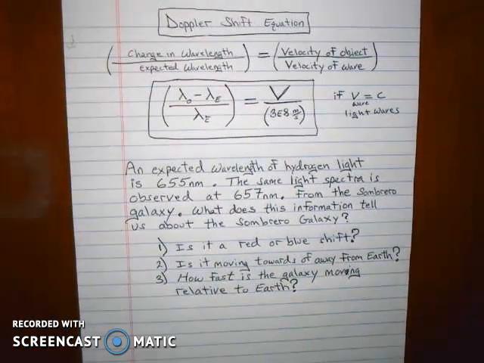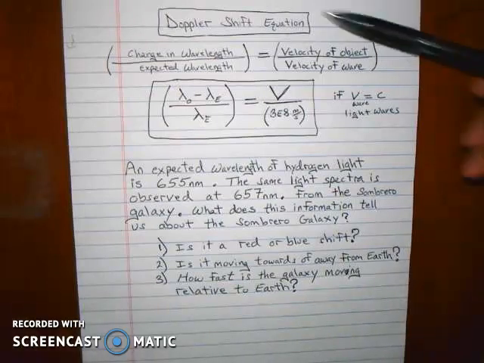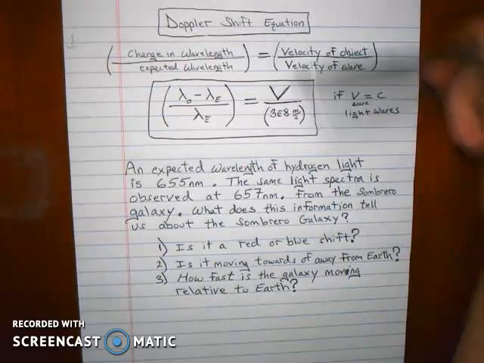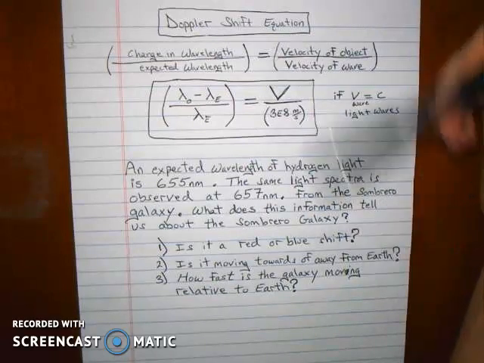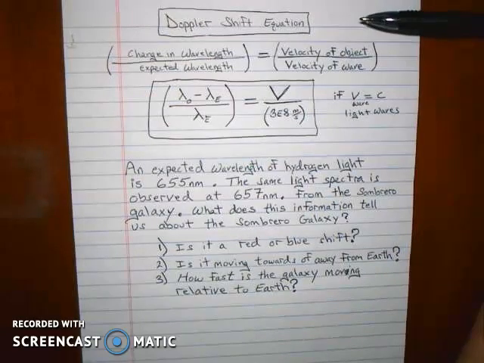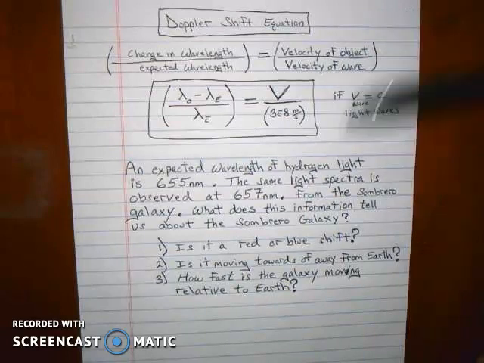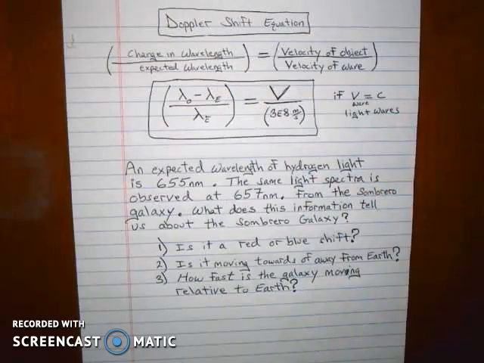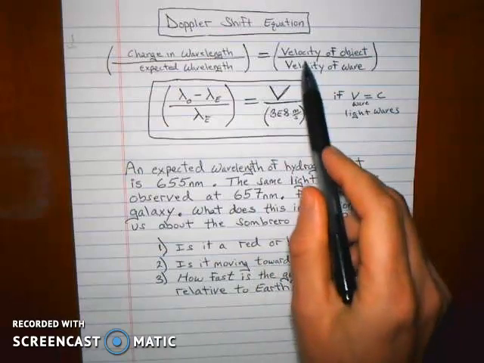So first off, it's a very simple relationship. If you can measure the change in wavelength compared to the expected wavelength for any wave from a source that's moving relative to the observer, you can figure out the velocity of that object. And here's the argument. If an object is moving and it's emitting some light or some sound, some kind of wave energy, then it's received at a different wavelength than expected because of the motion, because of the velocity.